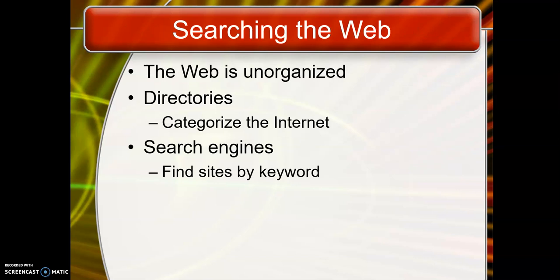Now we have used an internet browser, so how can we search from the web? As far as the web is concerned, it is like unorganized documents. However, we can sort by directories. These categorize the internet, and to efficiently search any document, we can use a search engine.